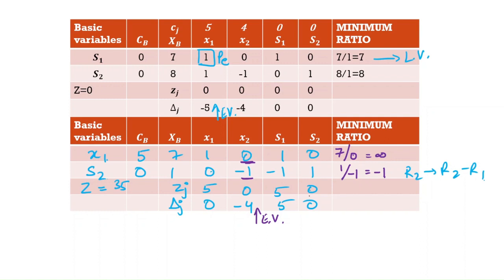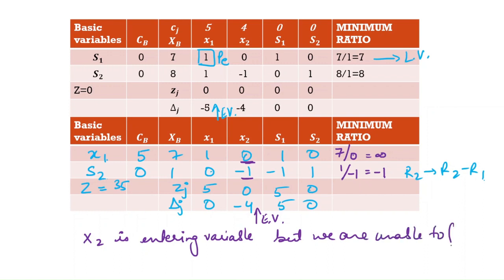So that means from this table we could find out that x2 is the entering variable, but we are unable to find the leaving variable.